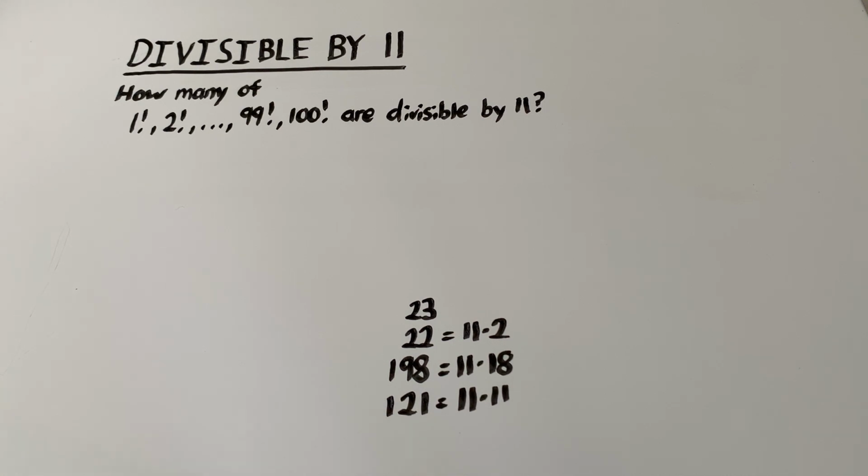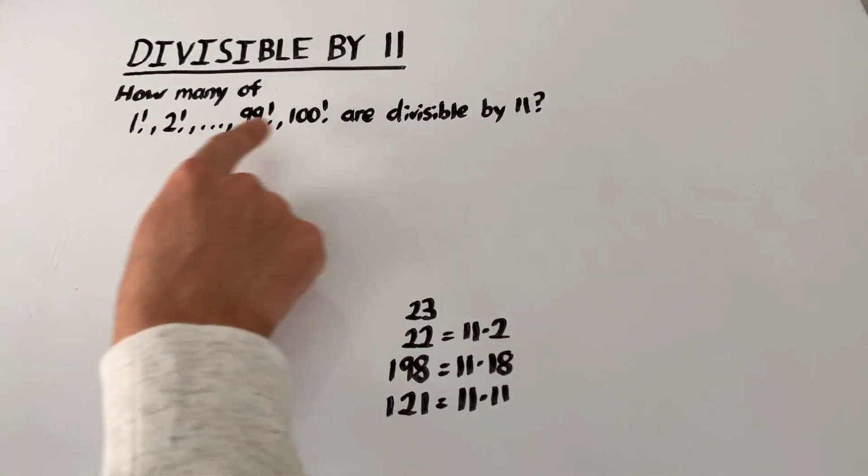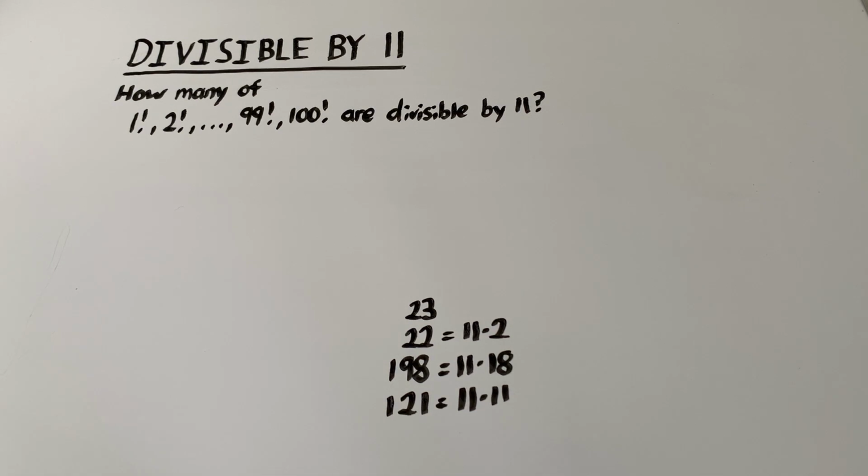Then it will be divisible by 11. So now, our problem has just become finding out how many of these factorials have at least one factor of 11. And to do this, we're going to recall the definition of a factorial, write it out, and see what's really going on.